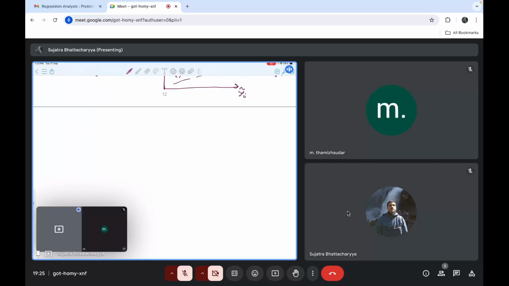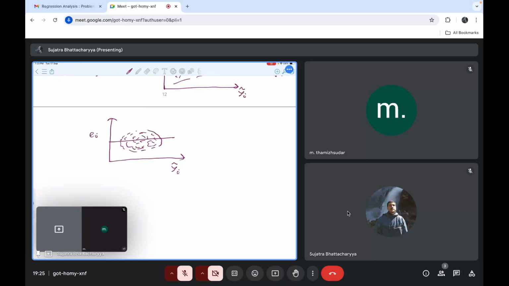There are many other models, like the double bow structure. So let us just quickly draw it. So this is a double bow structure. You can see these observations are like this, or the residual versus y hat plot looks like this.